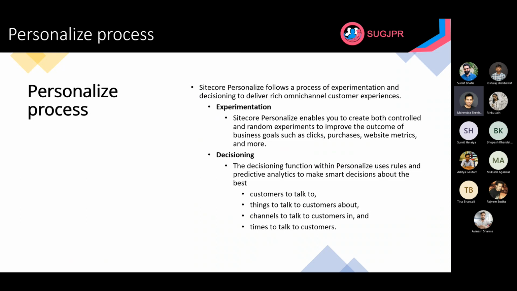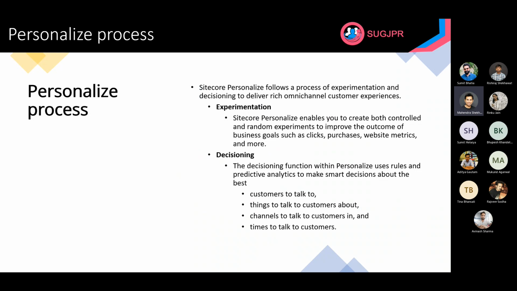So based on your clicks and purchases, you can create and engage your target audience. It could be a controlled manner or a random experiment to improve your outcome. In the control manner, you decide what you want to target, and in the experiment manner, you can perform some kind of experiment.